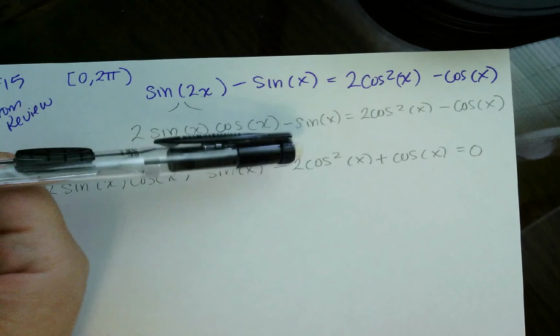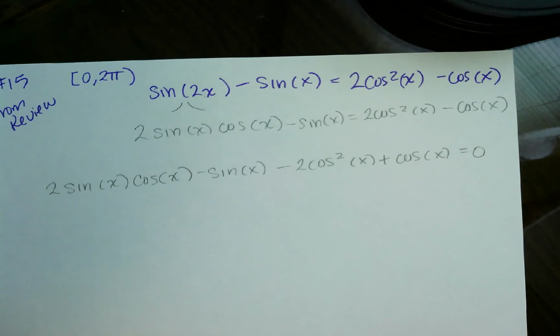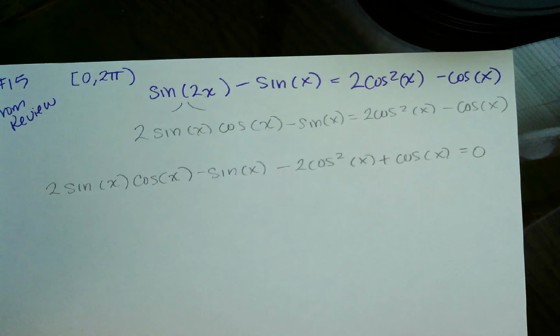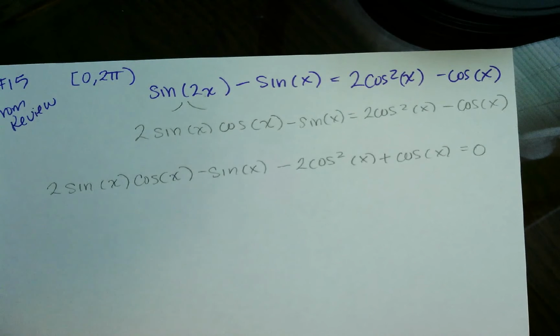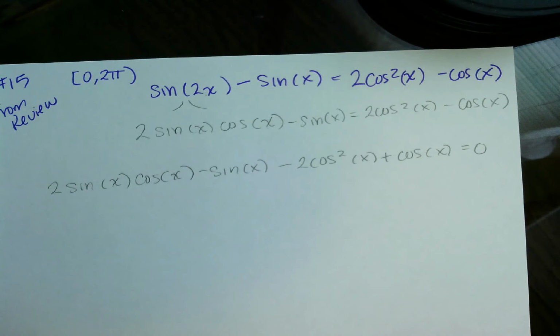So even if I change this cosine squared guy to 1 minus sine squared of x, I still have cosines and sines mixed in. Like, I still have two different, what are those things called? Functions. Now, I'm not saying that's not the way to go, but I'm going to see if I can do anything else before that. Do you guys see anything else before that?